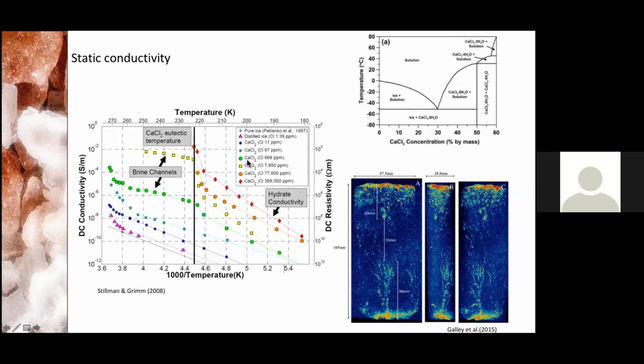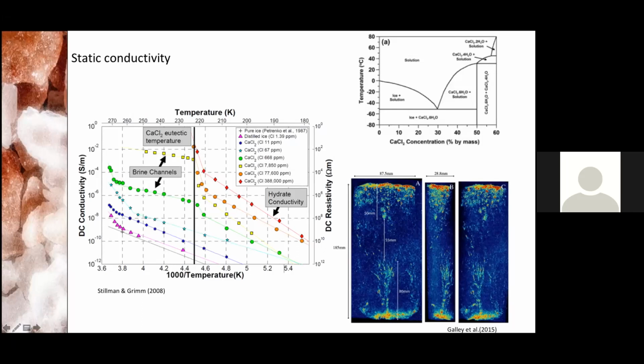They show that it's possible to detect the formation of brine channels above the eutectic temperature, because of the contrast in conductivity between the water ice and the calcium chloride hydrates, and the brine that is formed when you reach the eutectic temperature.